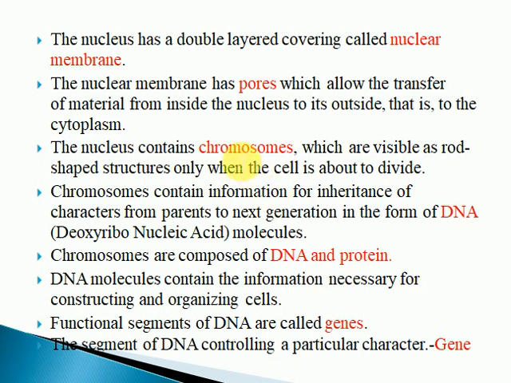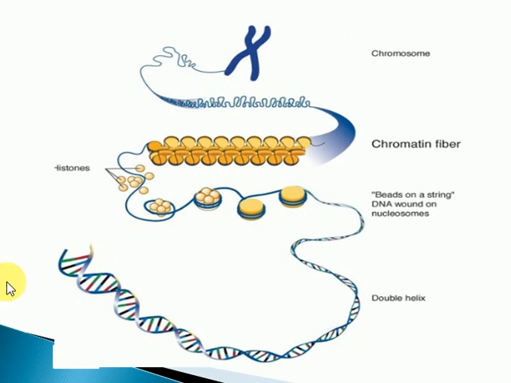Now try to understand these points. Chromosome, what is chromatin, and what is DNA, and what is the relation between these. With the help of this diagram, try to understand that this double-stranded structure is the DNA. DNA is coiled like this.